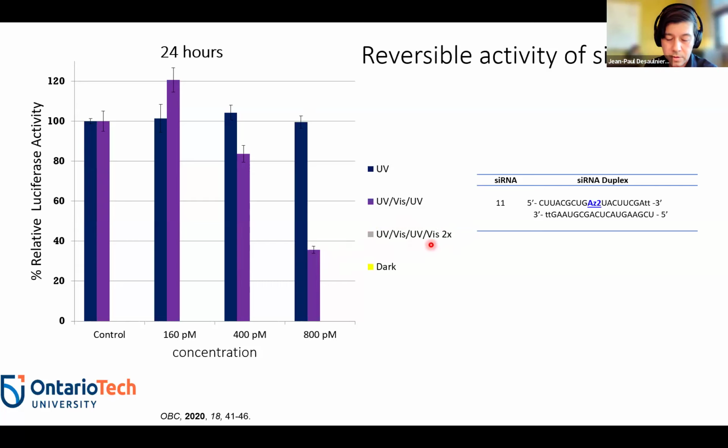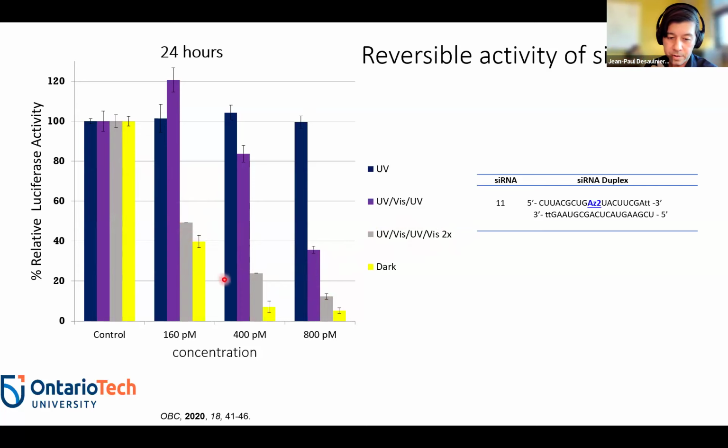So we go through 2 cycles, and we would expect to see some level of gene silencing loss, because we've gone through 2 bursts of visible light, even though we've inactivated it, and it might not be as strong as we might expect compared to dark. But we were very pleasantly surprised, or happy to see that we get good gene silencing and good dose-dependent gene silencing.